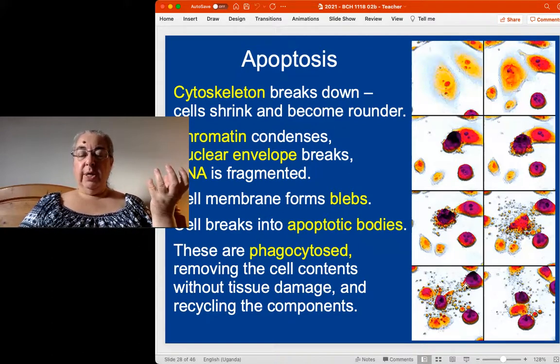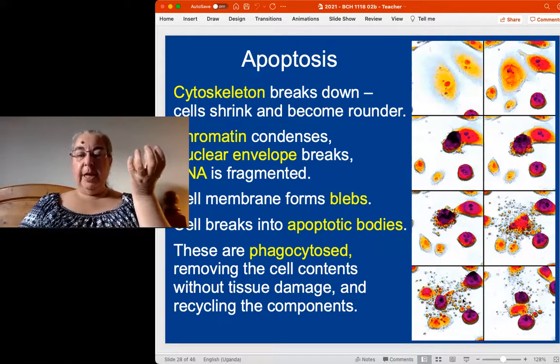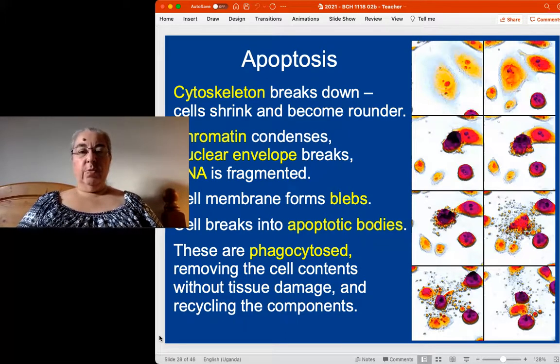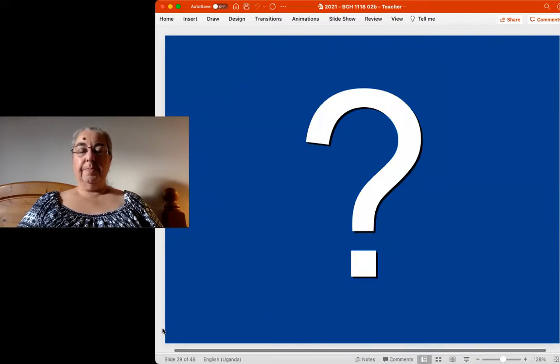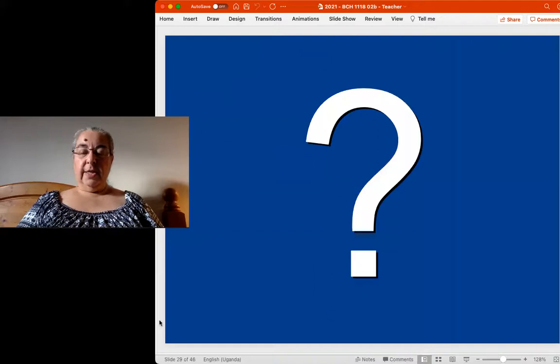So no cell contents are released outside. It stays wrapped up in cell membrane, in lipid membrane. So it can be taken up by other cells and reused, recycled, with no damage happening to other cells. Okay, so that's what apoptosis is and what we see happening if we observe apoptotic cells through a microscope.